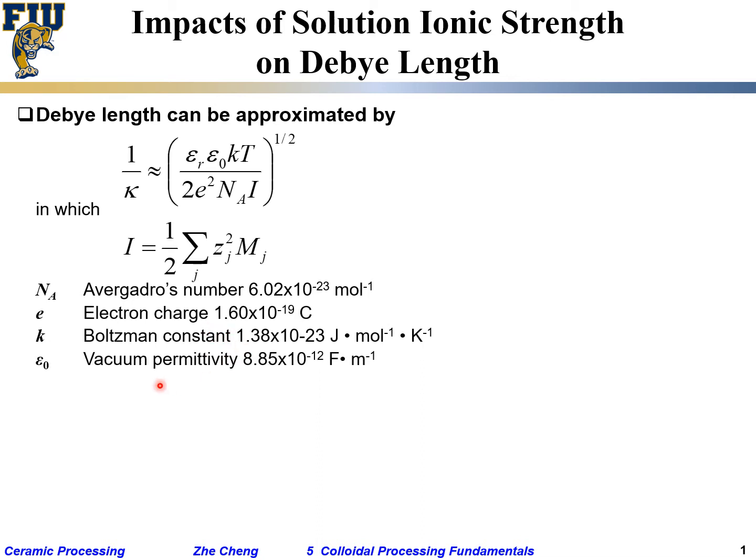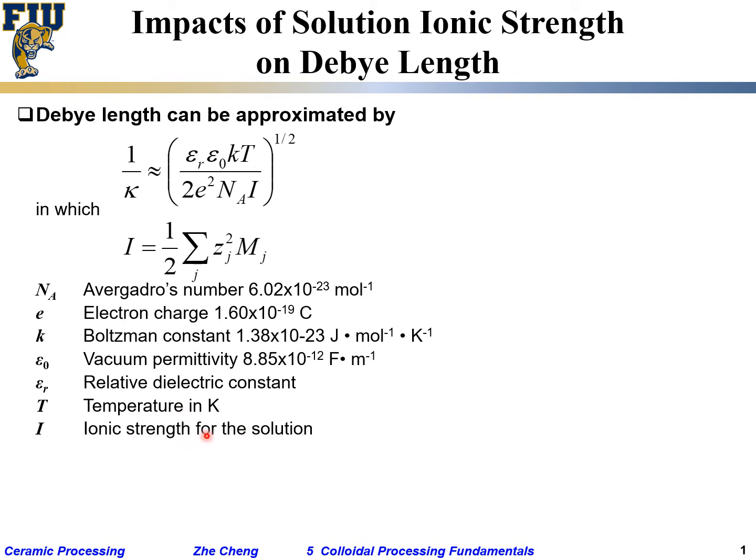And epsilon 0 is the vacuum permittivity. And epsilon R is the relative permittivity of the medium compared with vacuum. And T is temperature here in Kelvin. And I is what we calculate as the so-called ionic strength for the solution, and it's given by the sum of Zj square times Mj.